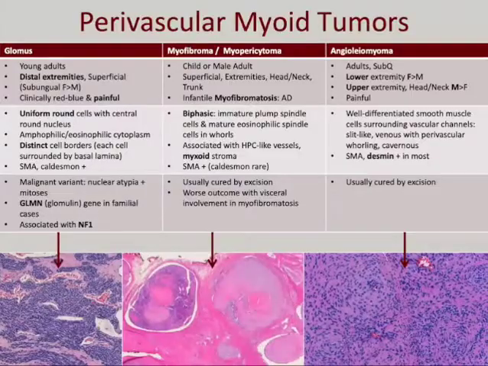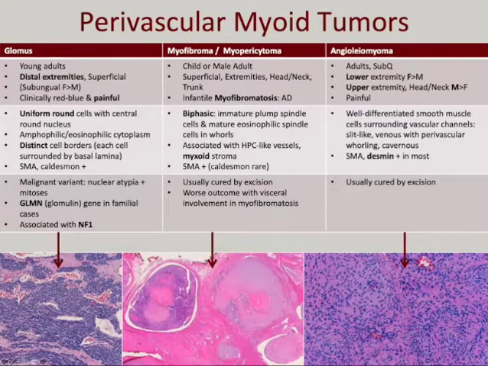Okay, moving into the perivascular myoid tumors. So, right, these are the ones that are around or near vessels or co-opt vessels to grow in them and stain with myoid markers, SMA, sometimes desmin, right?